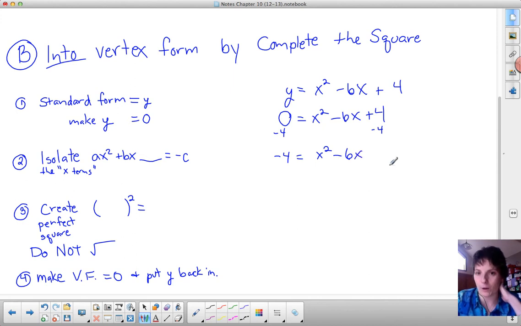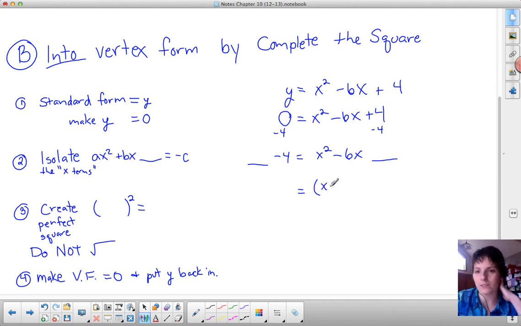Now we're going to do the complete the square piece. Remember that means that I need to decide what I'm going to add to the left and to the right. To make that decision, we do the same thing we did in complete the square. So what times itself would give you x squared? That would be an x.